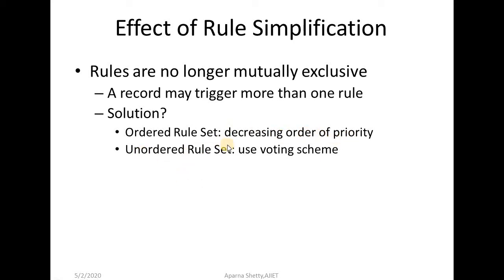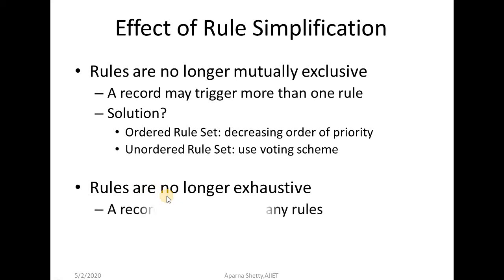One more solution is an unordered rule set, that is, using the voting scheme. One more effect of rule simplification is that rules are no longer exhaustive, so a record may not trigger any rules.